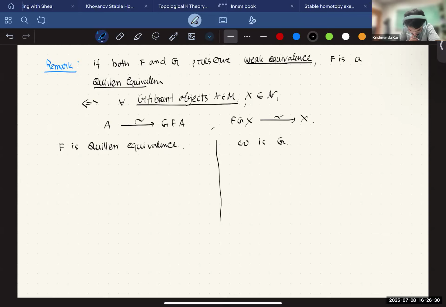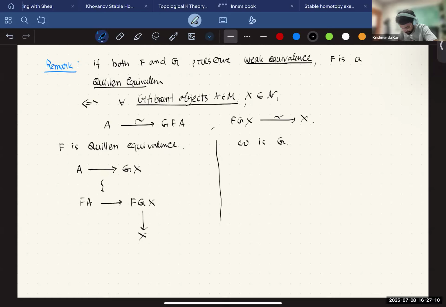So, A to GX over here, and let's apply F here: F of A to F of G of X. Now F of G of X to X, I have the counit map, right?